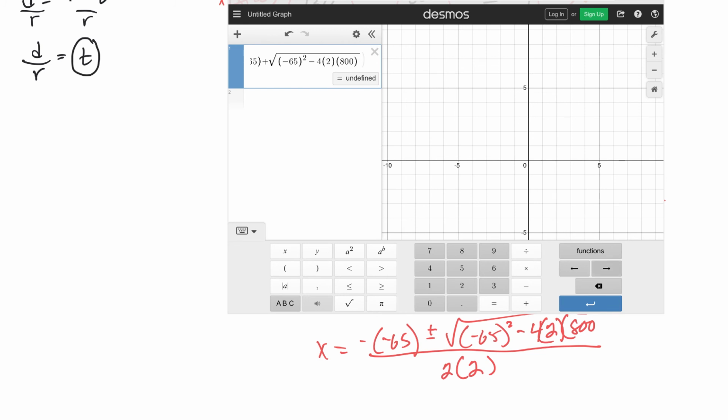So I can go over, finish that bracket, divided by 2 times 2. There we go, undefined. Why is that undefined?